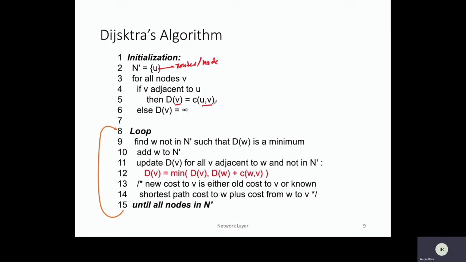So this is known. Why? Because V is the direct neighbor of U. And if this is not the case, then dV is infinity. So this is the initialization step here, right?